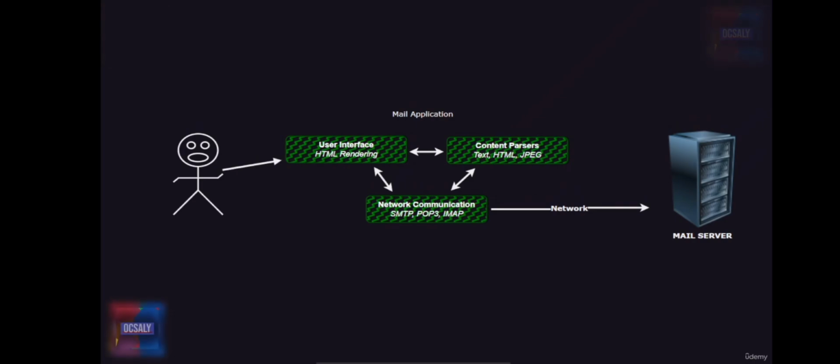Content might include textual data, such as the body of an email, or it might be pictures or video. And we also have the user interface, which the user interacts with. The UI allows the user to view received emails and to create new emails for transmission.